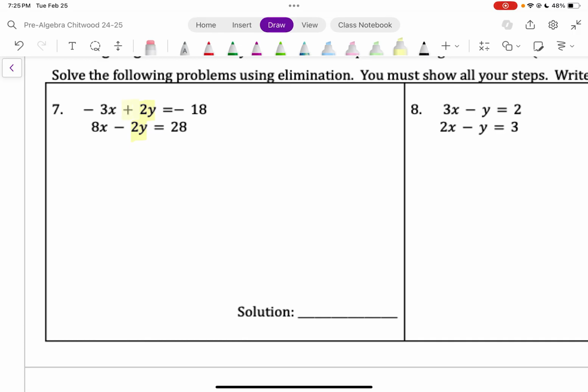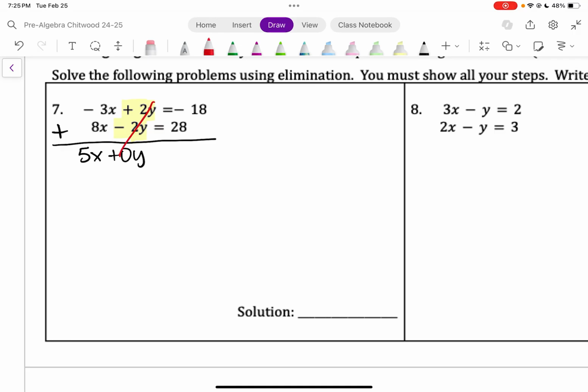Since they have different signs, one's being added, one is being subtracted, that is when you add. Different signs equals add. Same signs, whether it be both positive or both negative, is when you have to subtract. So I have negative 3x plus 8x, which is going to give me 5x. Then I have 2y minus 2y, which is going to give me 0y.